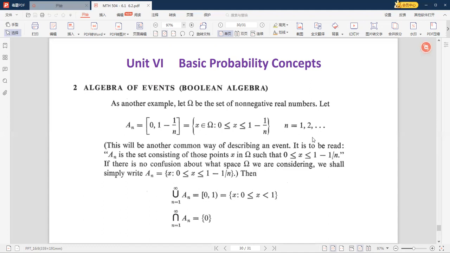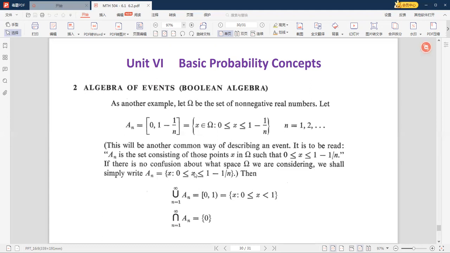So we get a bunch of sets or intervals, a sequence of events, right? So if there's no confusion about what space omega we're considering, which is true here, if we just write x greater than or equal to 0, less than or equal to 1 minus 1 over n, automatically it's a subset of omega, right?